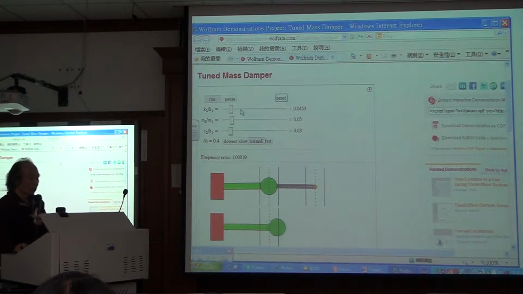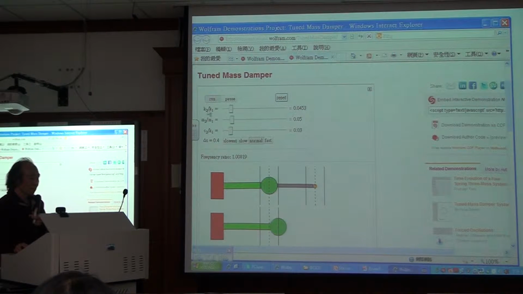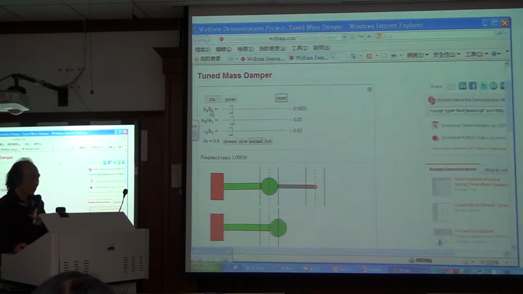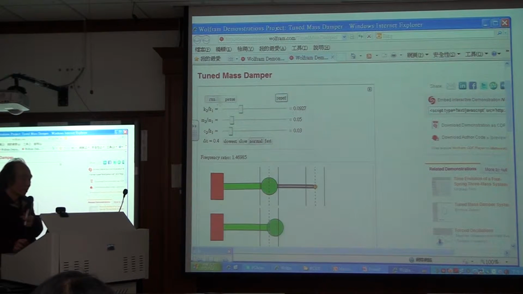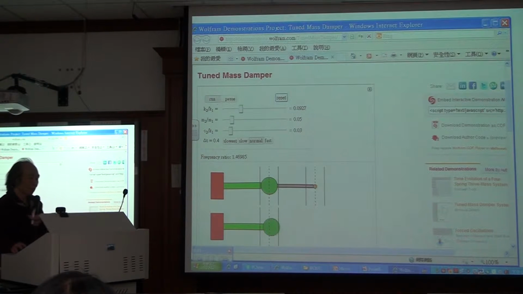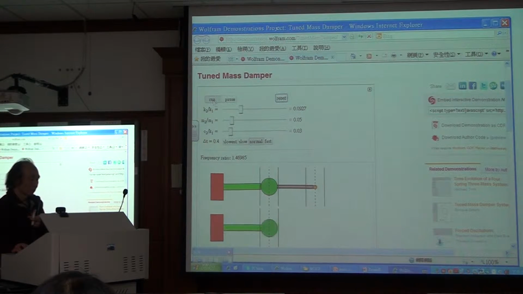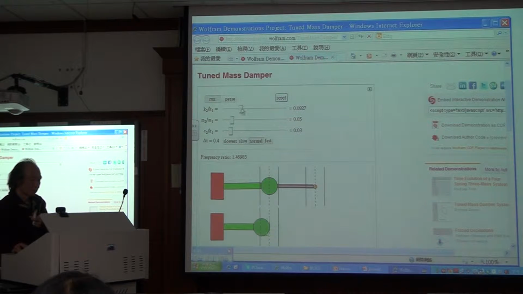Now, when you change the K2 over K1, we'll show you how it works. For example, if I change my K2 over K1 and run it, it doesn't move. I don't know why it doesn't move. It's not moving anymore.